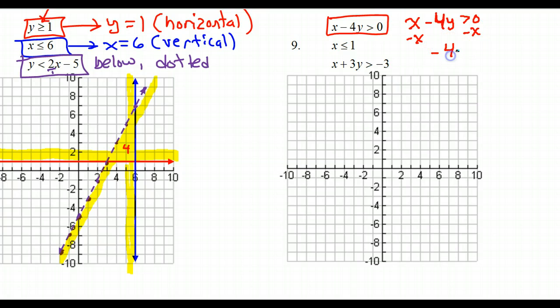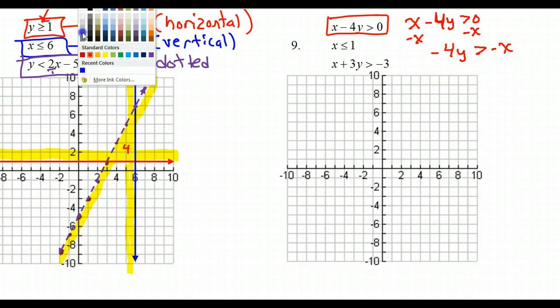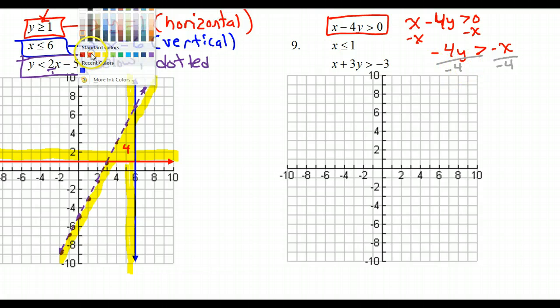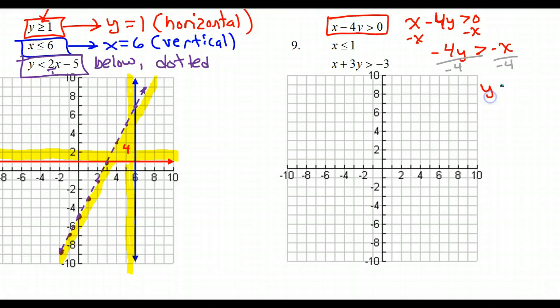So that's going to give me negative 4y is greater than negative x. But then I would need to divide by negative 4. Okay, be careful. I just divided by a negative. That means I need to reverse the inequality.